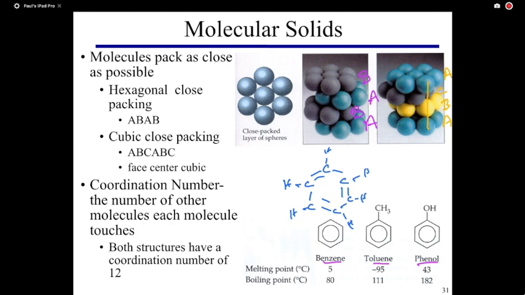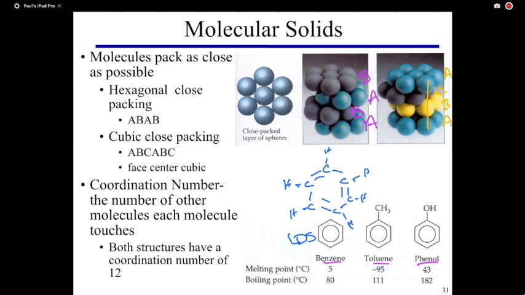No. Is there an electronegativity difference between carbon bound to hydrogen? By definition, we said what? No. So this is all nonpolar. Can we have a hydrogen bond? No. So the only force that we can have is what? London dispersion force.